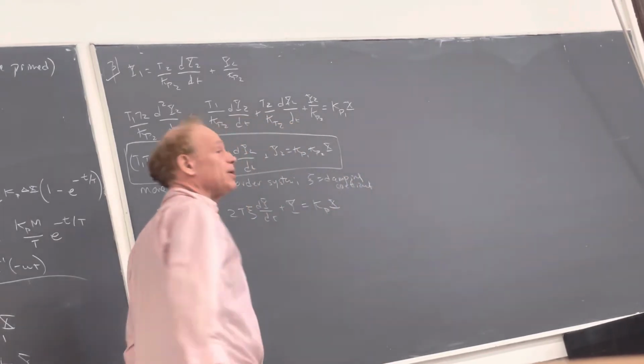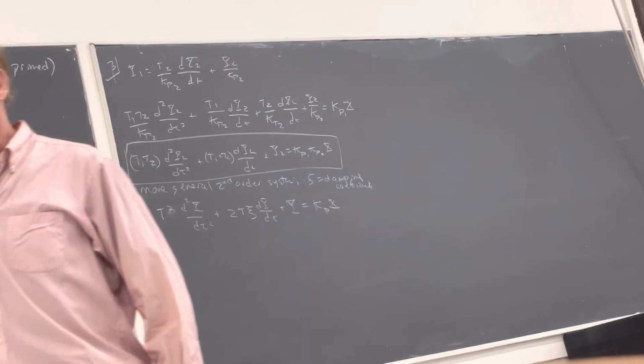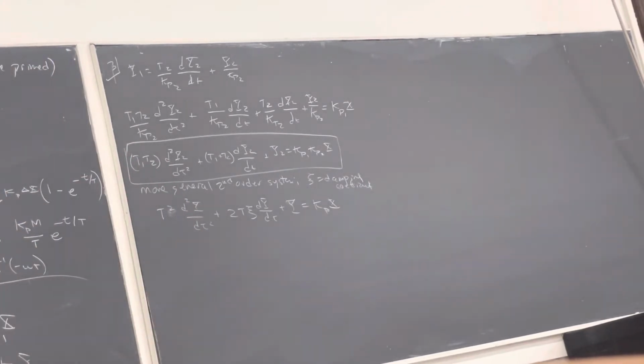Why is it called the damping coefficient? Well, from freshman physics, when you look at the problem of a pendulum, simple harmonic motion, force is equal to the mass times the acceleration. The acceleration is a second derivative with respect to time. And say it's a spring force, minus kx.